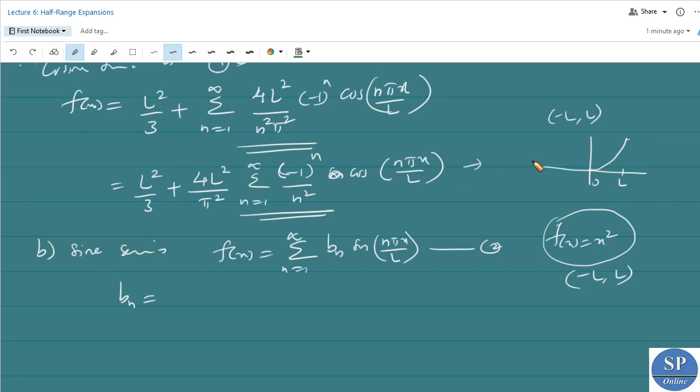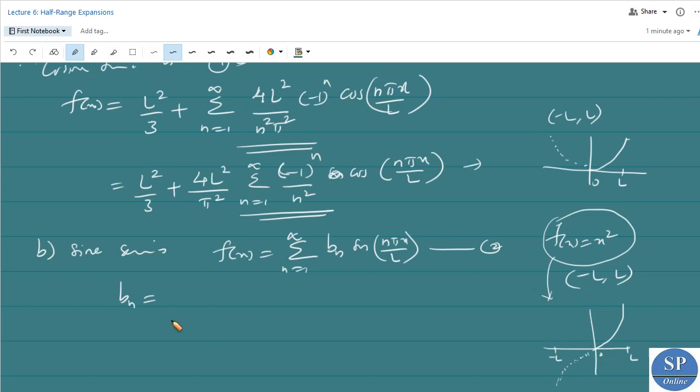So this can be extended to minus L to L like this. This is minus L to 0, this is 0 to L. So we are extending this as an odd function.